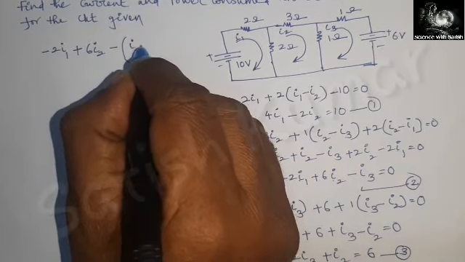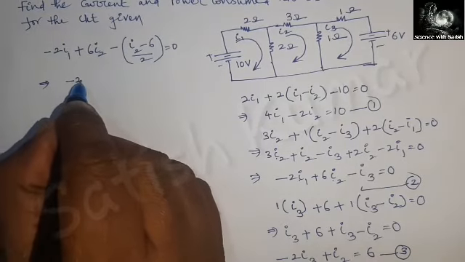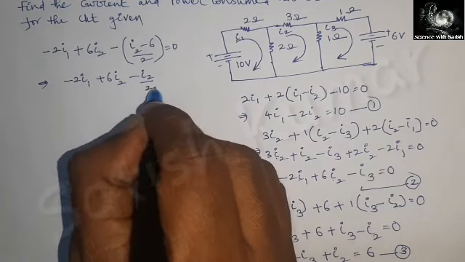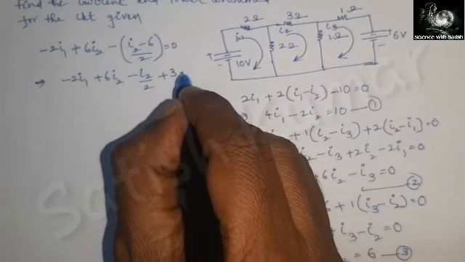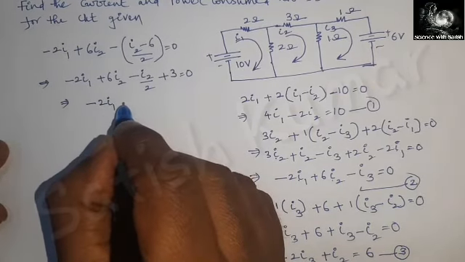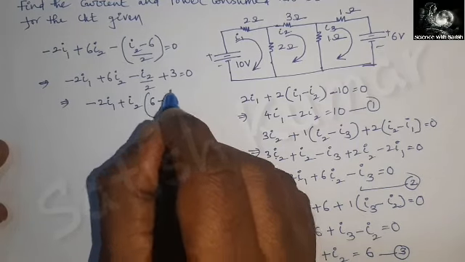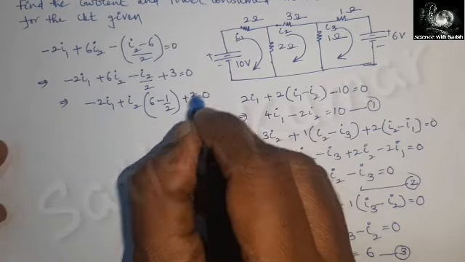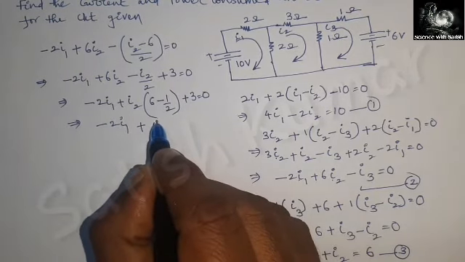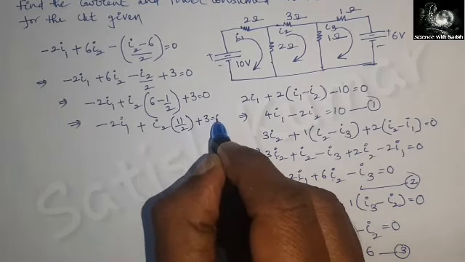I3 is (I2 minus 6) by 2 is equal to 0, implies minus 2I1 plus 6I2 minus I2 by 2 plus 6 by 2, 6 by 2 is 3, is equal to 0, implies minus 2I1 plus I2 into (6 minus half) plus 3 is equal to 0, implies minus 2I1 plus I2 into 11 by 2 plus 3 is equal to 0.